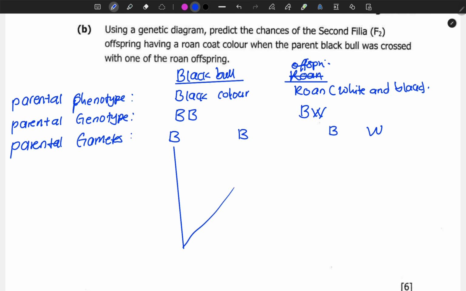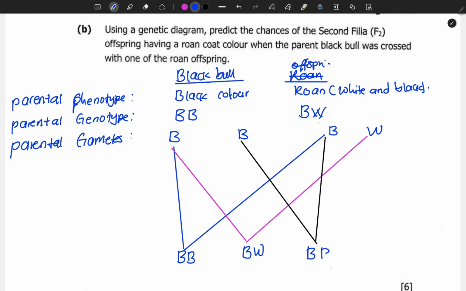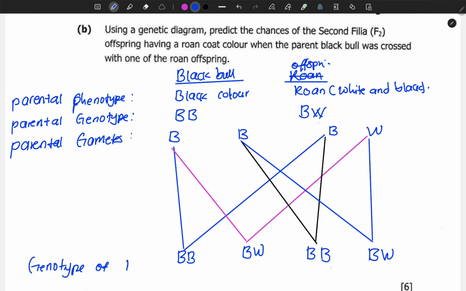Then the first cross: homozygous for black, BW roan. Homozygous for black, roan. Genotype of F1. This should be F2 since we have used F1.